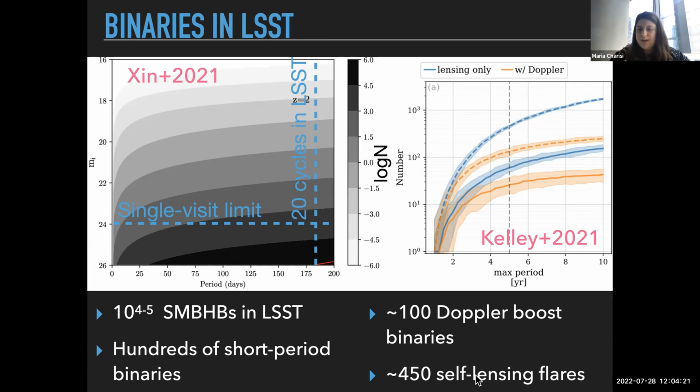This has been fairly unexplored in the current time domain surveys. The idea is that the accretion disk of the smaller black hole goes behind the big black hole, the primary. And we have lensing, and that gives rise to a very symmetric flare. So that's another way we can detect supermassive black hole binaries.